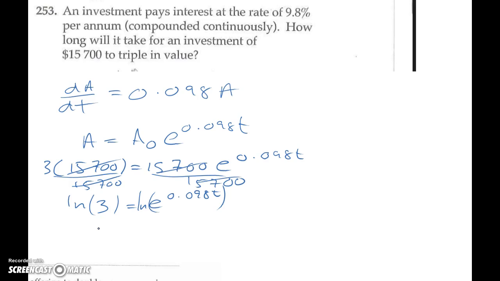1.096 is equal to 0.098t, and I'm going to just divide both sides by 0.098.